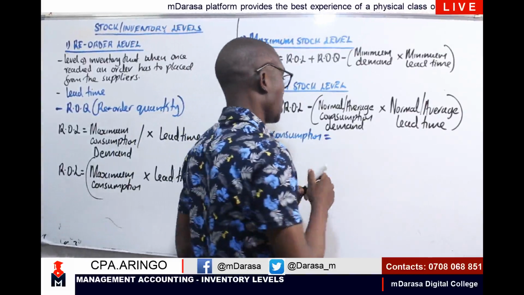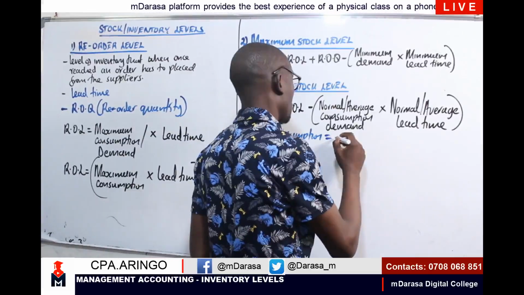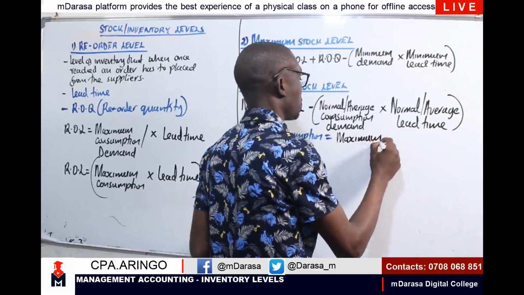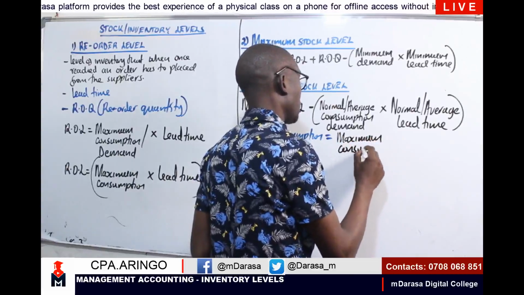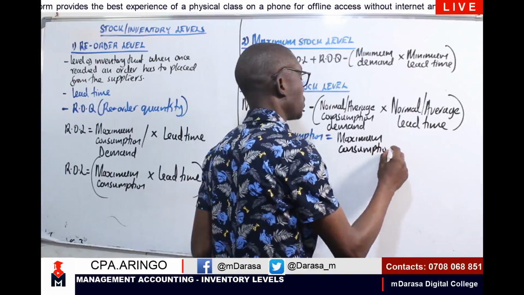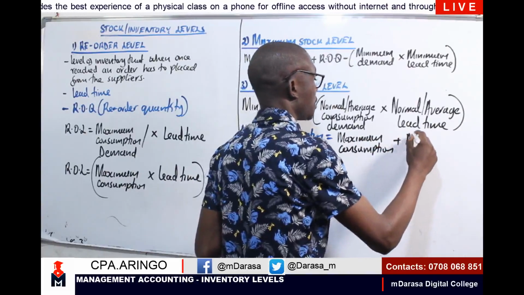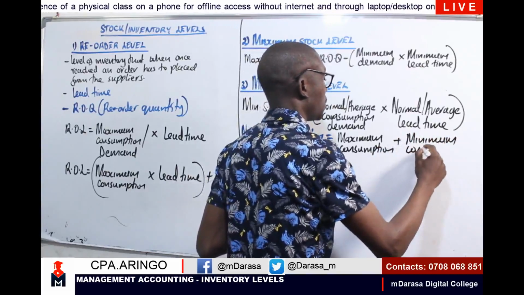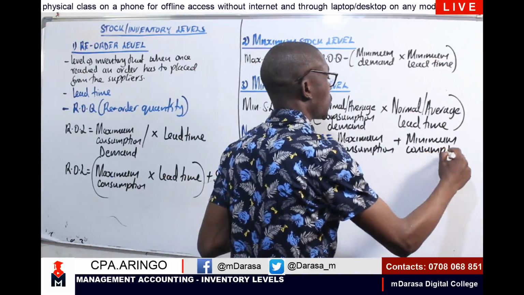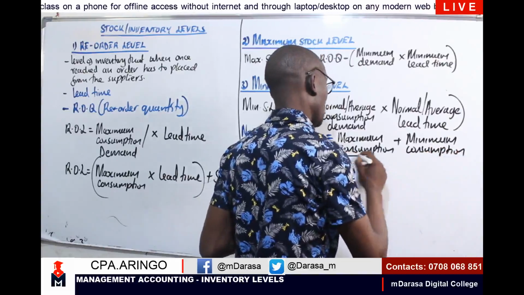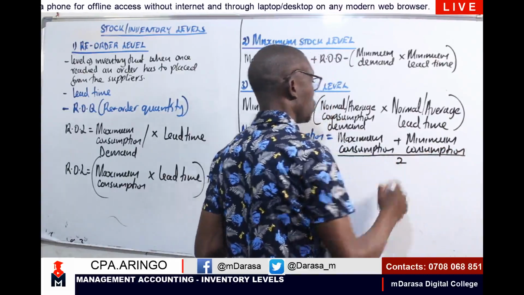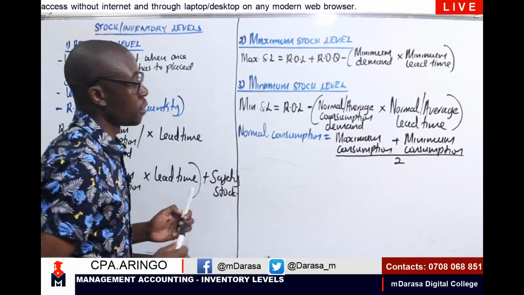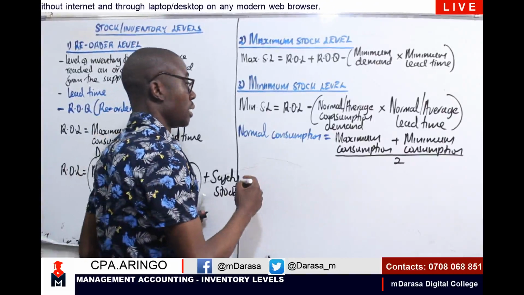I'll just take our maximum consumption plus minimum consumption, and we divide by 2. That will give us the normal consumption.